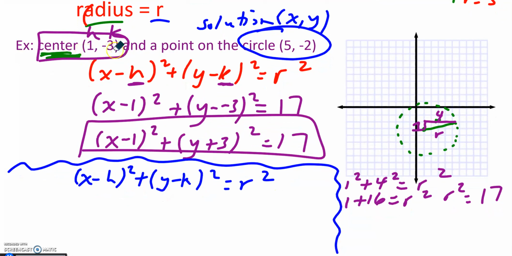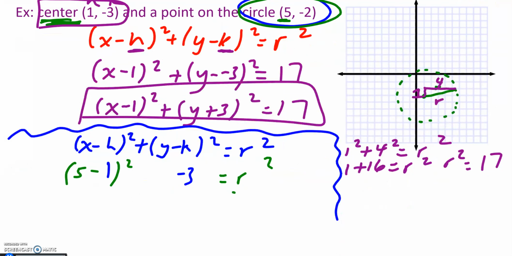You're given the center of (1, -3). So that means that my 1 is still plugged in for h, and my -3 is still plugged in for k. You could also recognize that because this is a solution, I could plug the 5 in for x, and you can plug the -2 in for y. Don't forget it's minus -3 squared equals r squared.